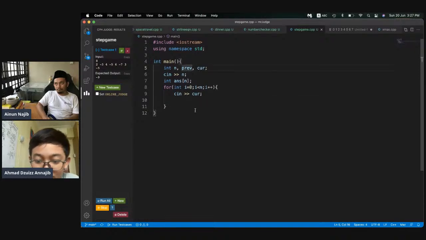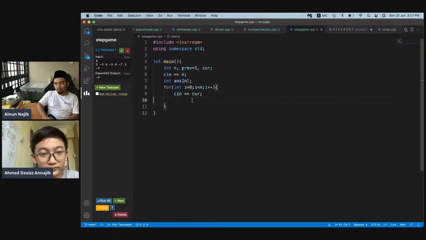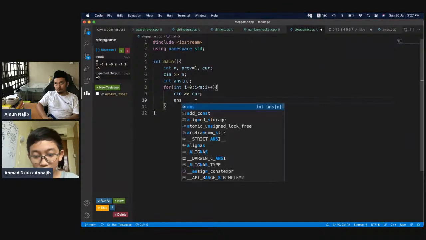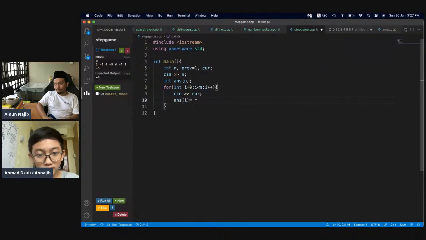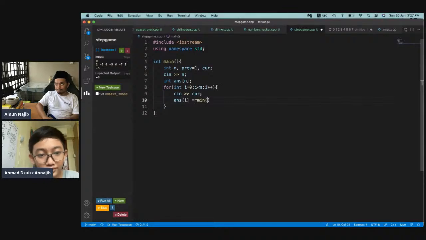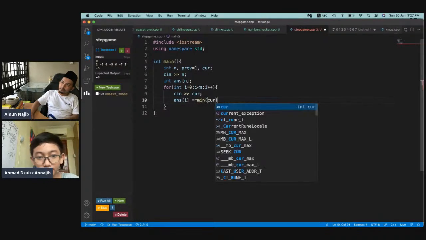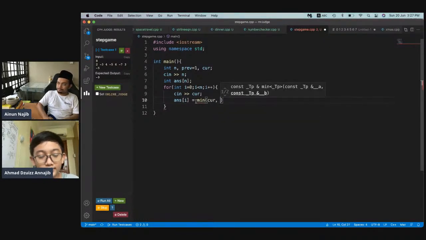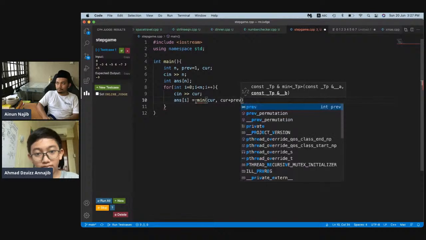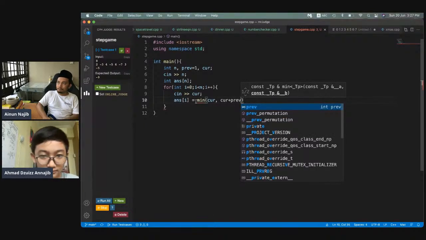Oh, previous has to be equal to 1. And then ans[i] equals the minimum of current and current plus prev.